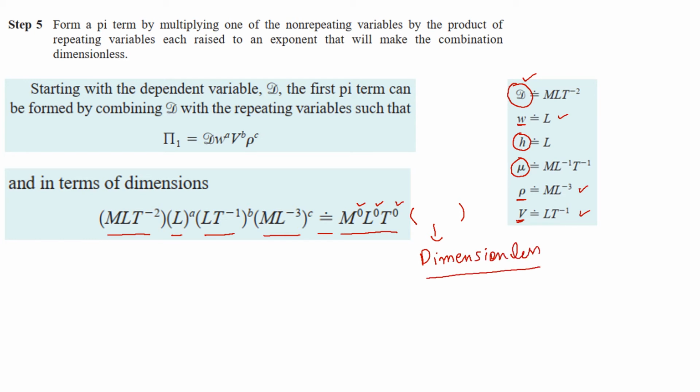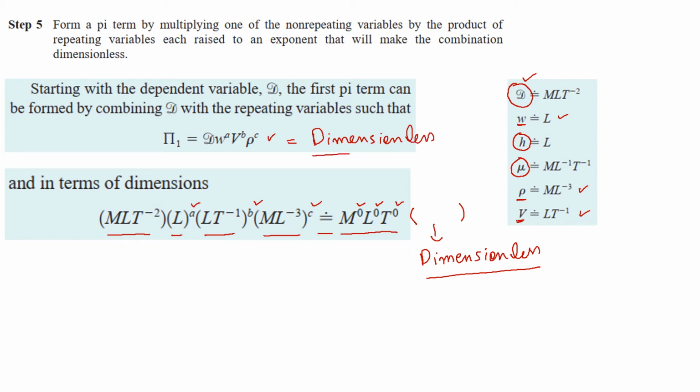And this is where dimensional homogeneity also comes into play. Now I will have to determine the values of A, B, C, so that I can arrange the repeating variables in this pi 1 term such that it is also dimensionless.